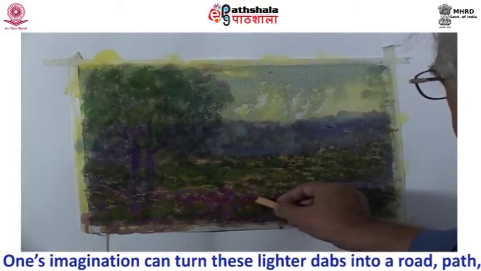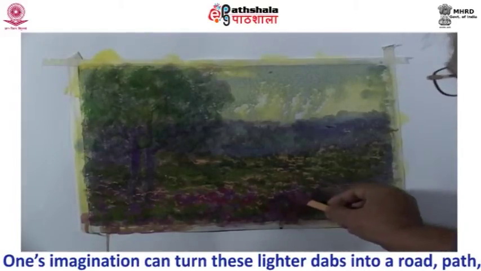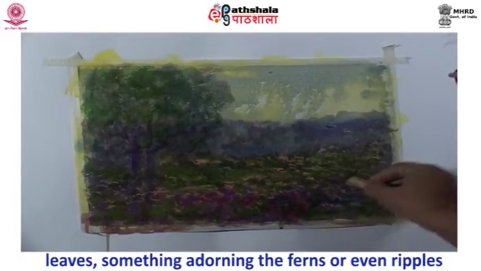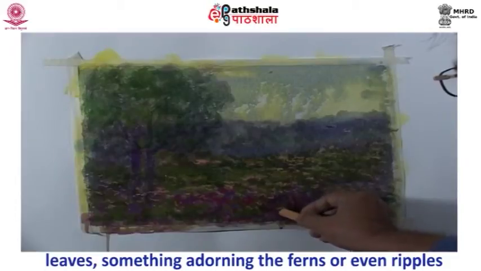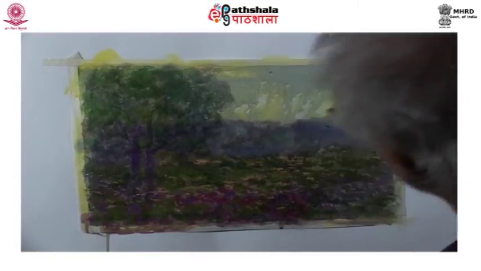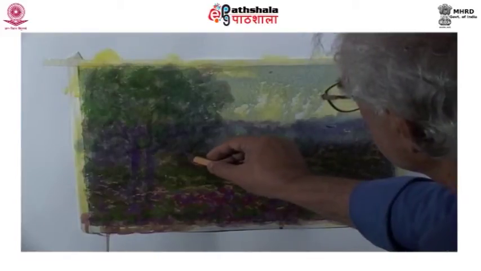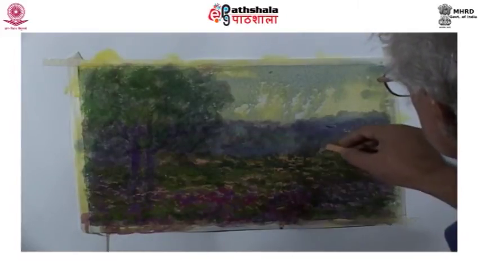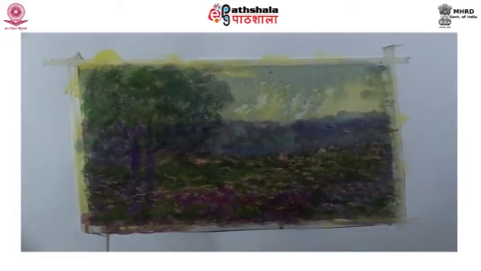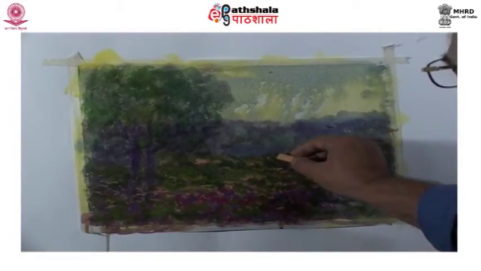One's imagination can turn these lighter depths into a road, path, leaves, something adorning the ferns or even ripples. These strokes have created vibration in the still surface.